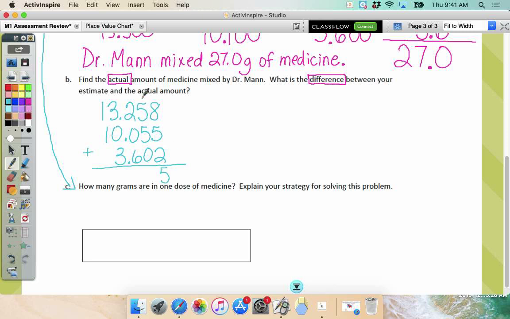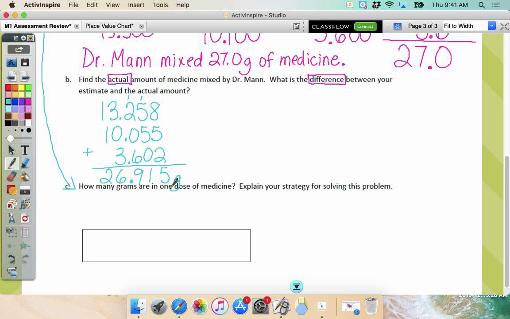So you add it up and you tell me if I'm right, because my brain isn't working very well today. Okay, so the actual amount of medicine was 26 and 915 thousandths grams, correct?